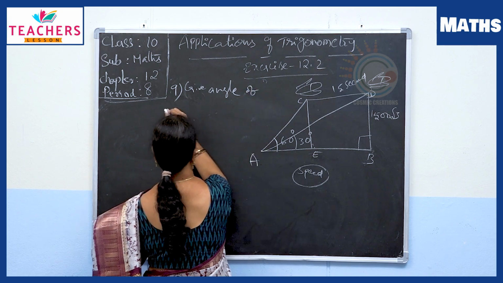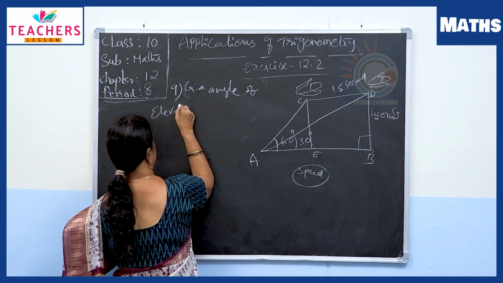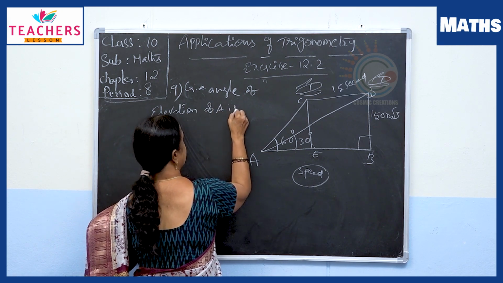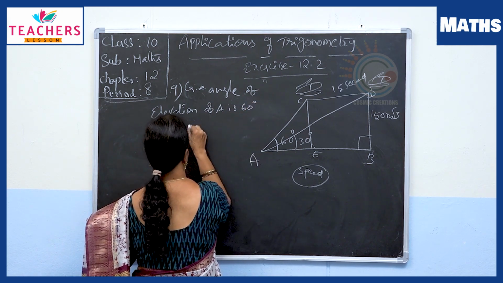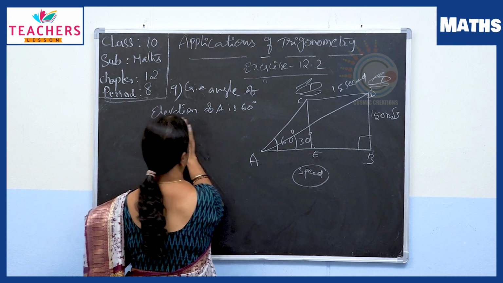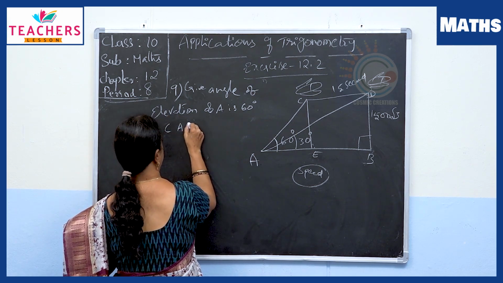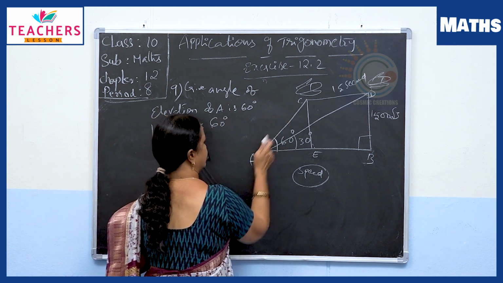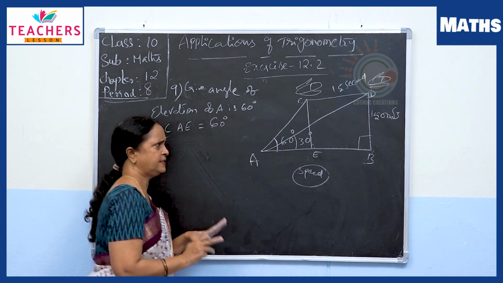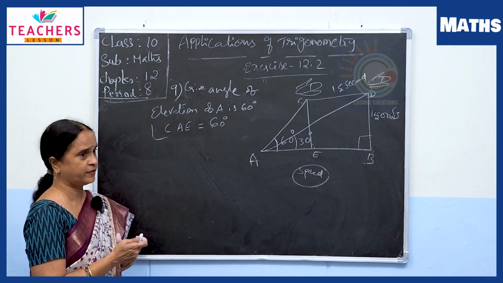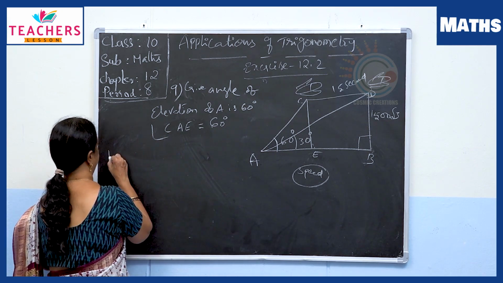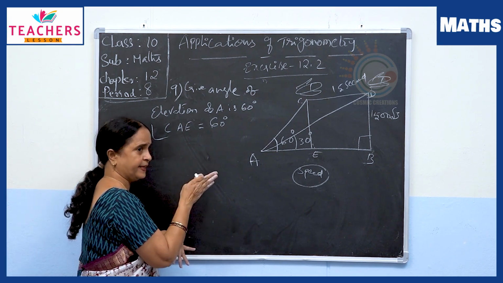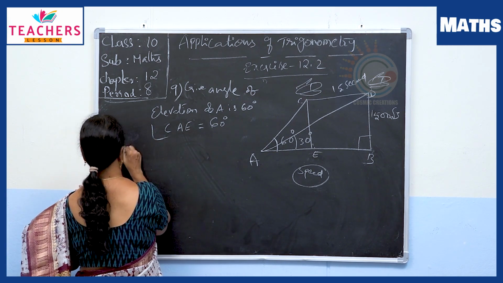Angle of elevation A is 60 degrees. Angle CAE is equal to 60 degrees, and the height is also given, from the ground to the plane.